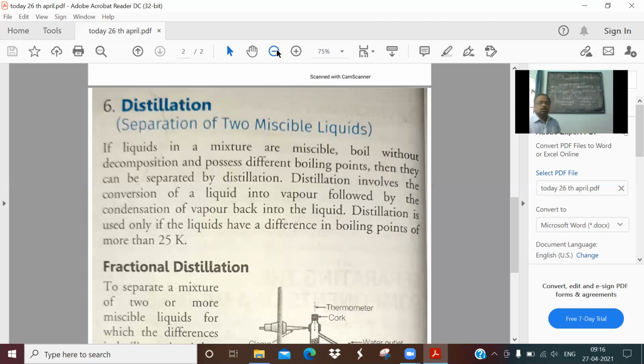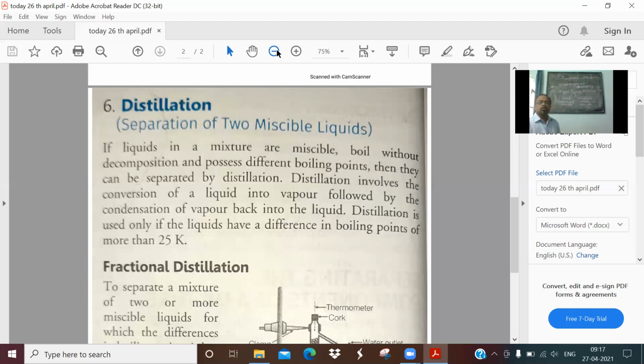So what happens? You will heat the mixture containing water and alcohol. Water, having the higher boiling point, remains, whereas when 78 degrees shows on the thermometer, the alcohol vaporizes and this could be collected after condensing, and water remains. This is simple distillation for the separation of only two soluble liquids.